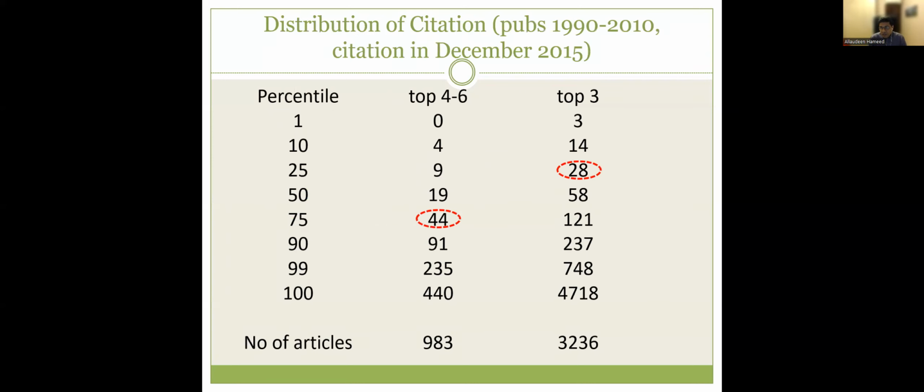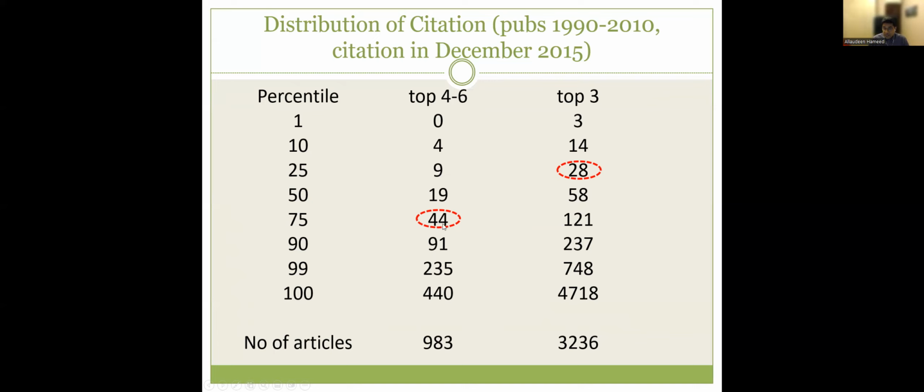So here's a simple distribution of citation. If you look at the top 3 journals, at the 25th percentile, it's on average 28 citations. But if you look at the top 4 to 6 journals, the citation at the 25th percentile is lower. But if you look at the 75th percentile, the number is actually higher than the 25th percentile for the top 3.